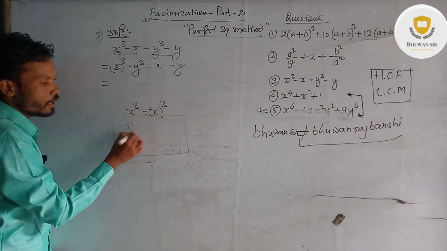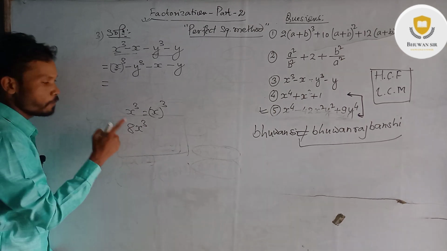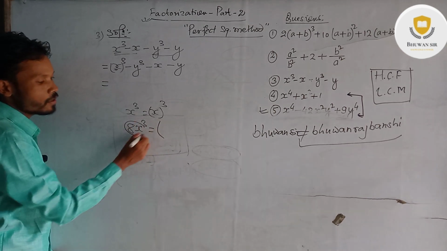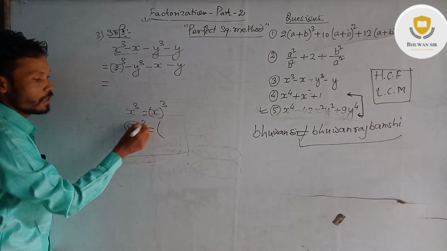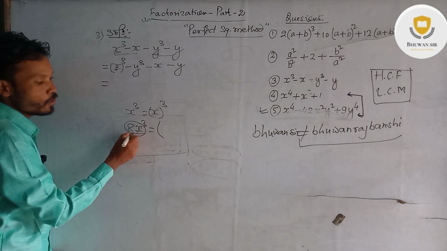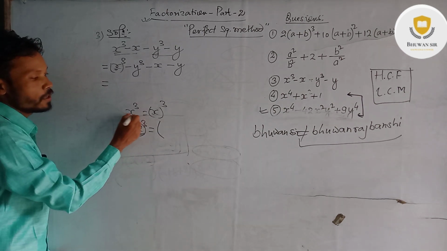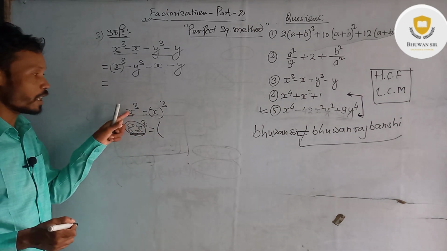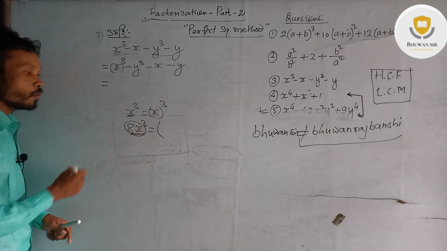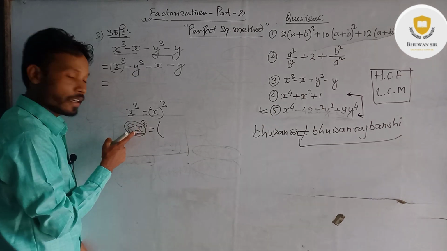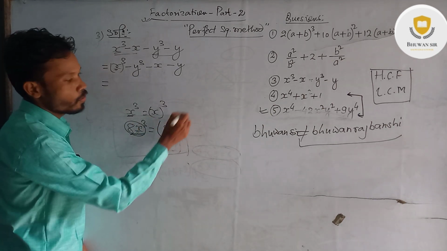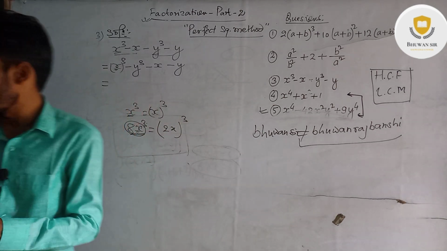But if there is 8x cube, we can't consider this 8x as a cube, because there are 2 variables here. In case of a single variable, we can suppose a cube. But if there are 2 variables or more than 2 variables, then we can't say it as a. In that case, we have to convert it into a whole cube, 2x whole cube. Okay, remember this is a very important part for you.